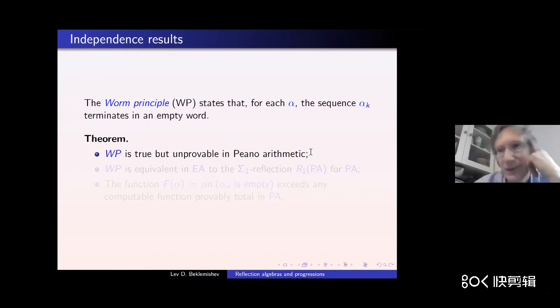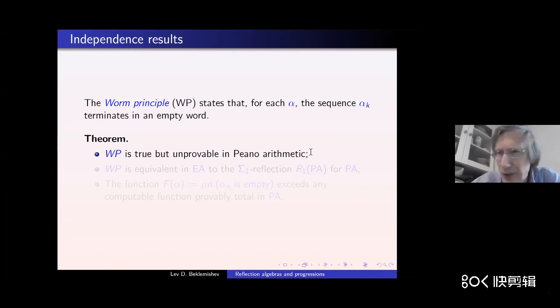So we may ask, what are the reasons for this WP to be true? As far as I know, there are 3 different arguments for it. They're not difficult, I will omit it.